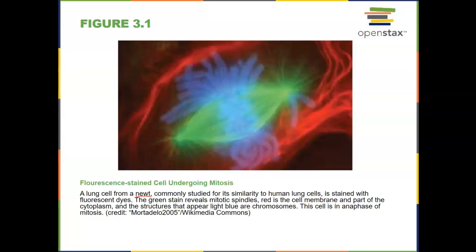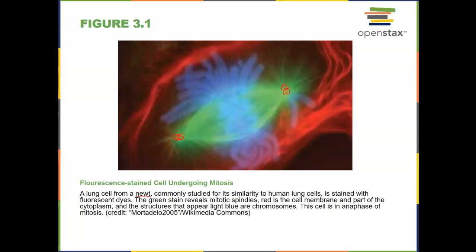The blue is showing you the actual chromosomes. So these are the X-shaped chromosomes that carry all of the genetic information for the organism. In other words, that's the cellular DNA. The green stains what we call mitotic spindles, and the centrosomes are right here and here. The mitotic spindles are made out of tubulin molecules.